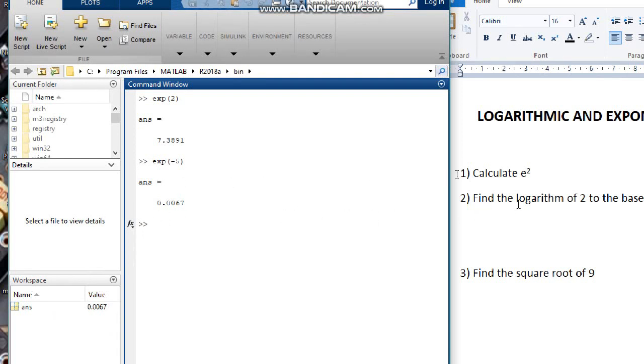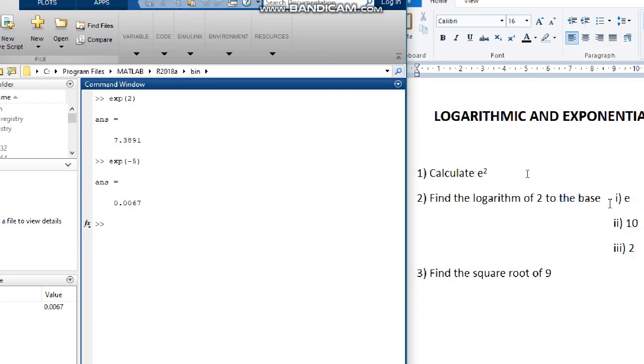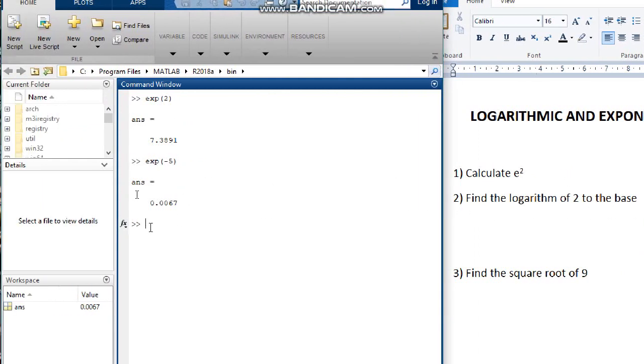We have been asked to find the logarithm of 2 to the base e. So e is the exponential number. So we are looking for the logarithm of 2 to the base e. So to do that, in MATLAB, the logarithm to the base e is simply written as log.